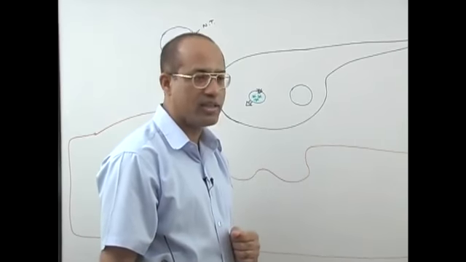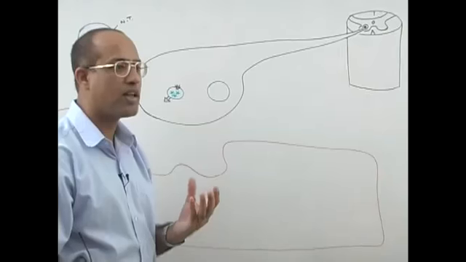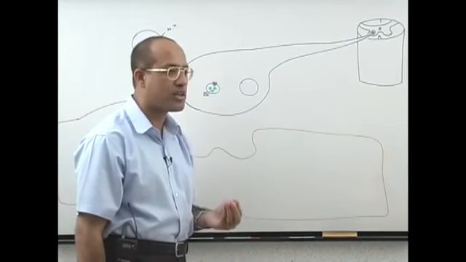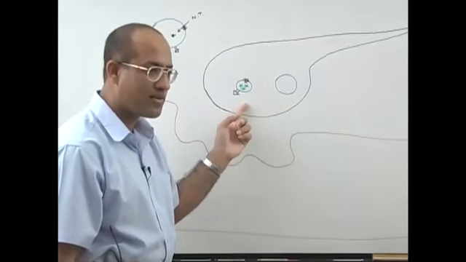That acetylcholine is not coming from the cell body. It is a very small molecular weight neurotransmitter, and all the small molecular weight neurotransmitters are synthesized in the nerve terminal.